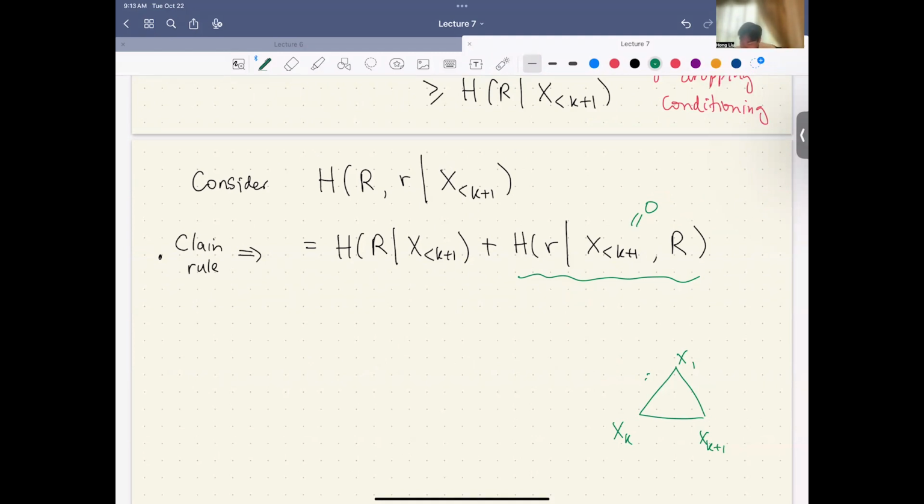Conditioning on all previous ones, less than k plus 1. Now, if you know what R is, first of all, xk plus 1 cannot take values from the vertex that xk has occupied. So after revealing xk and after revealing R, we will know whether R equals xk or not, because xk plus 1 cannot take the same value as xk.